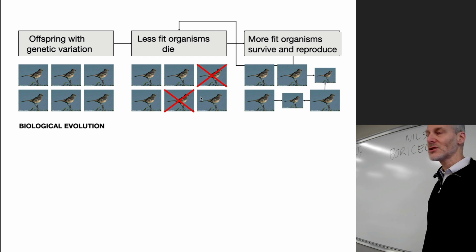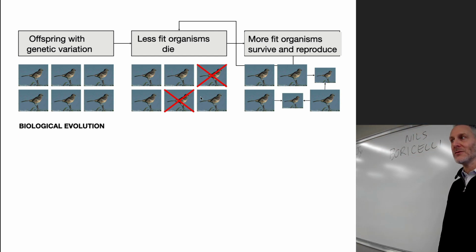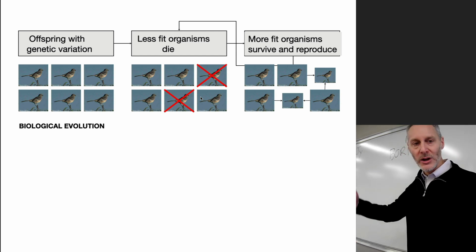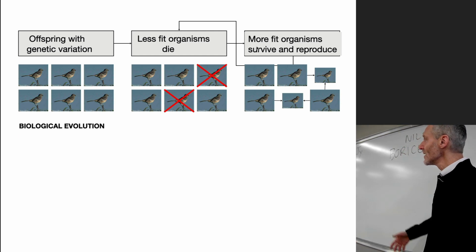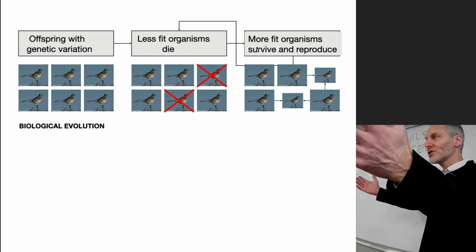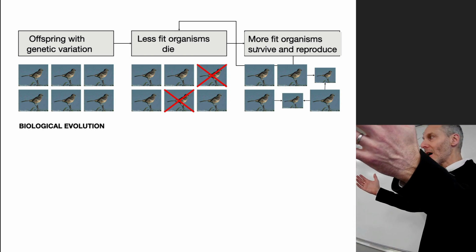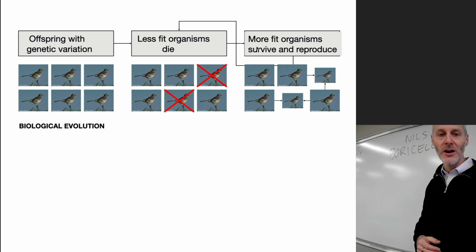In nature, those that do a particularly poor job to the point where they cannot find a mate, they cannot produce offspring, they die without leaving any offspring. The survivors survive longer, have a longer chance to find a mate, have a longer opportunity to produce and rear offspring.